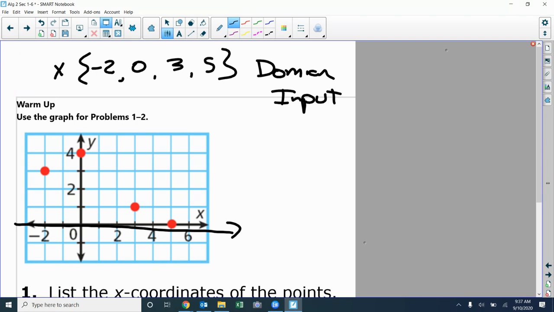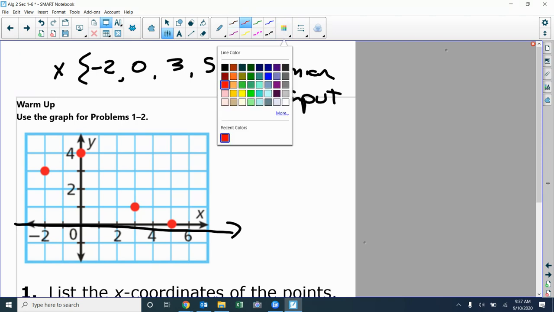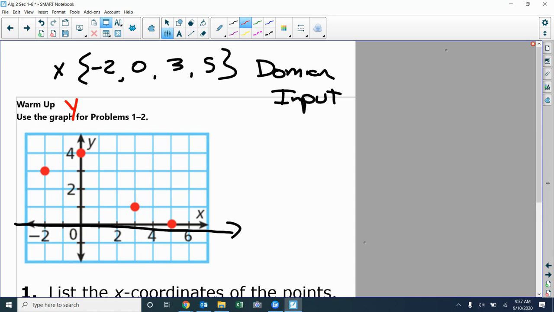Range, or your y values, the y values here, okay? Of course, this is your y-axis, the first one would be 0 right here, then we're looking at 1, then we're looking at 3, and then we're looking at 4.